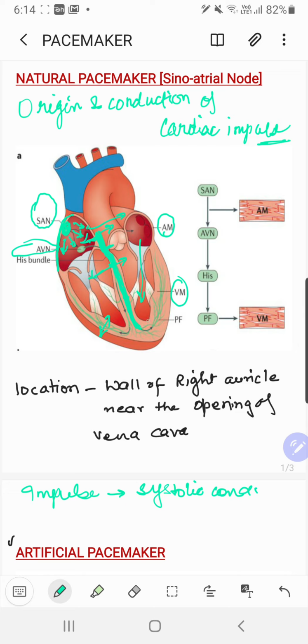Now this is the portion, the space between the two ventricles, and on both the inner sides of ventricles are the bundle of His, right? You can see that it's labeled here bundle of His. And finally, when the inner walls of ventricles are contracted, then the impulse is transferred to the outer side, and this outer side is Purkinje fibers.